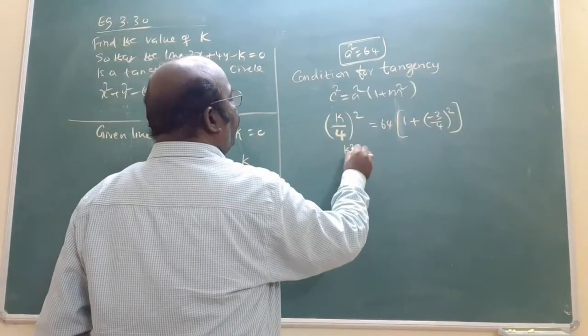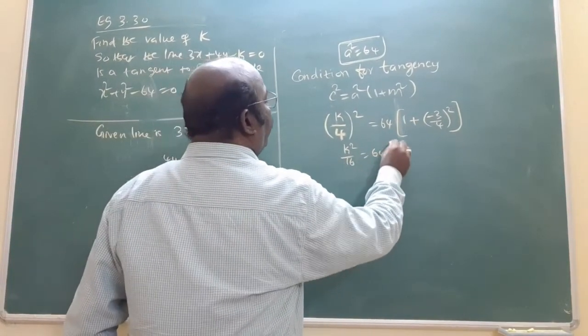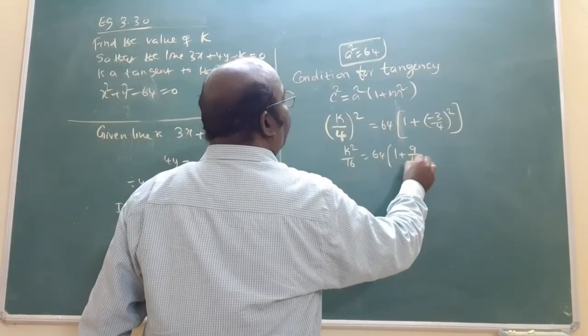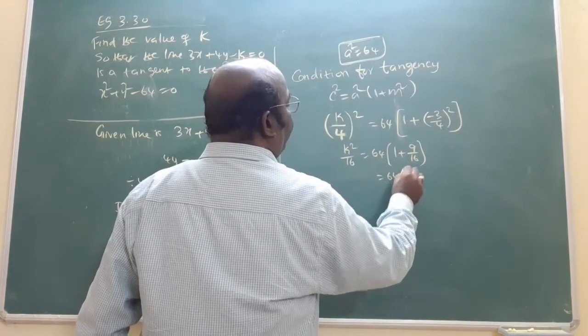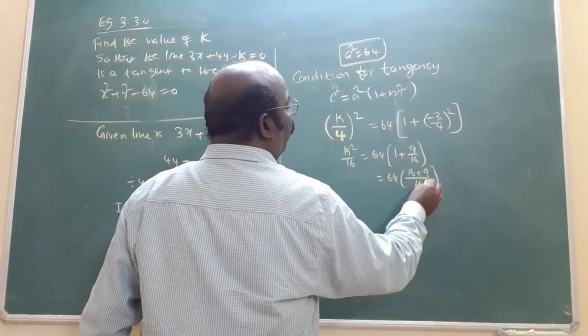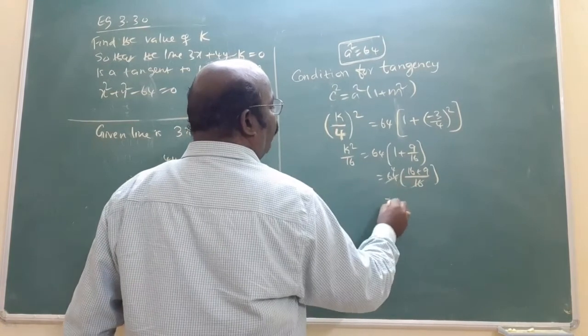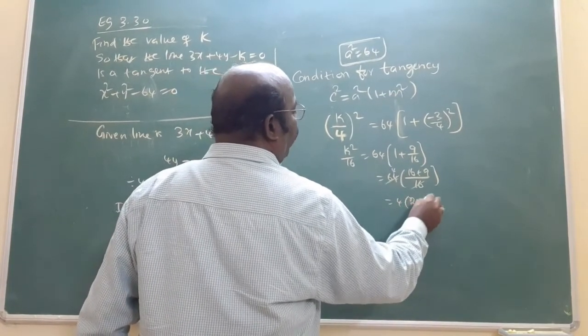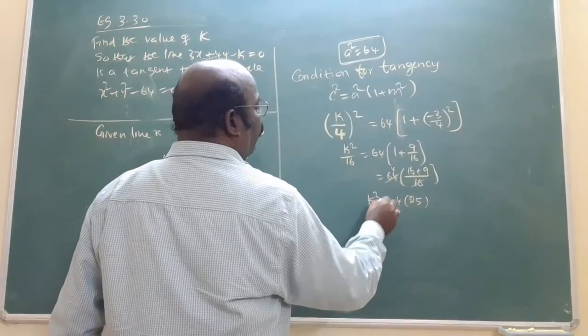Then k square by 16 equals 64 into 1 plus 9 by 16. Now 16 is the LCM. Cross multiply: 16 plus 9 is 25. So 4 into 25, that is 100. Am I right? This is k square by 16.